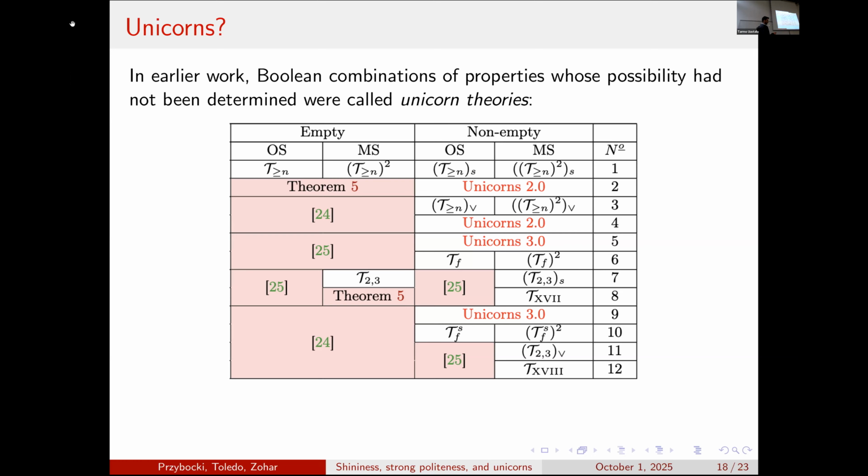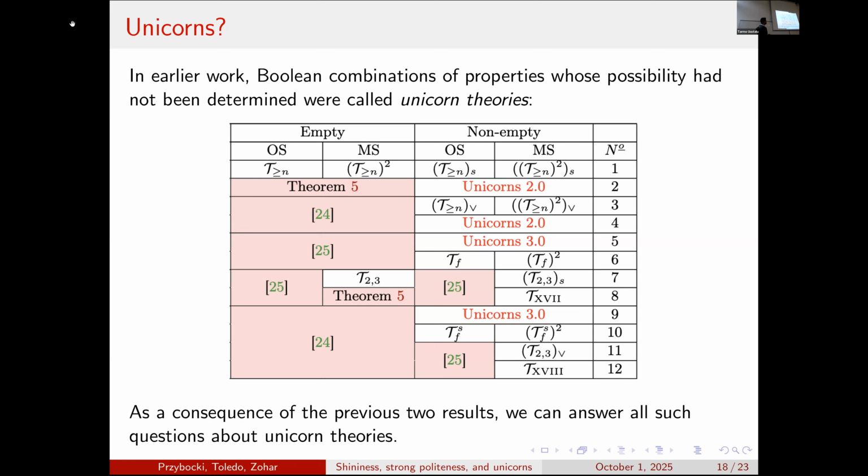And as a consequence of the previous two results, we're actually able to answer all such questions. So for example, the theory that I just gave turns out to be a unicorn 2.0 theory. You can look at the paper if you want to know the exact definition, but it's basically exactly what we needed to fill in this table.